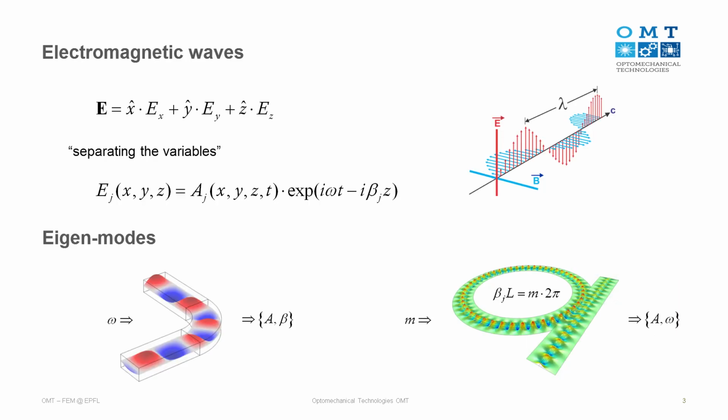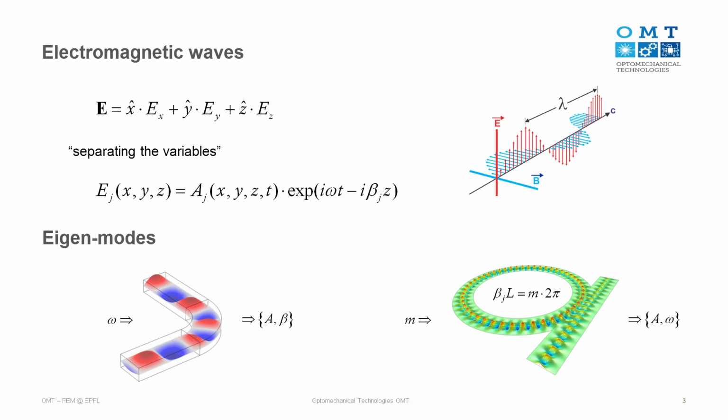Before we go to the real question, or how to do the modeling, some basic concepts. First of all, in this kind of simulation, we're searching for electromagnetic waves, which is usually pretty general.